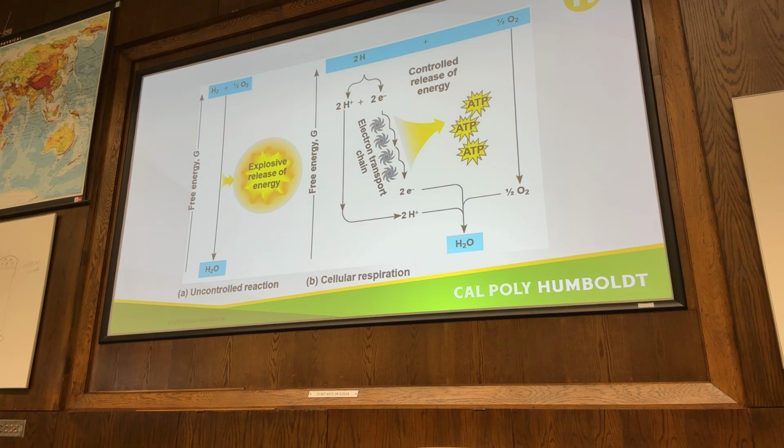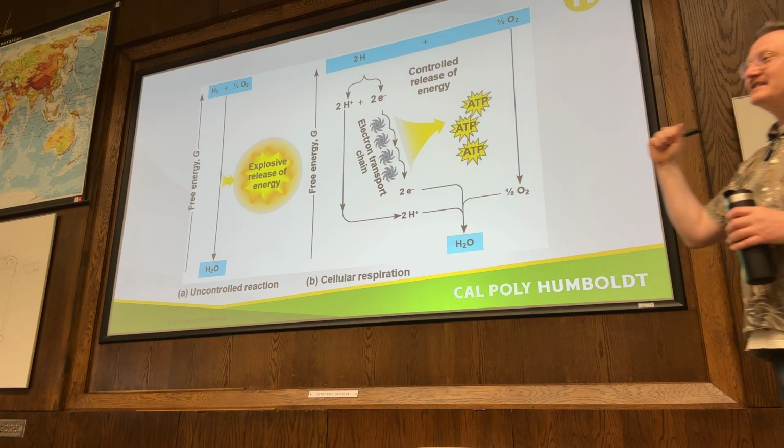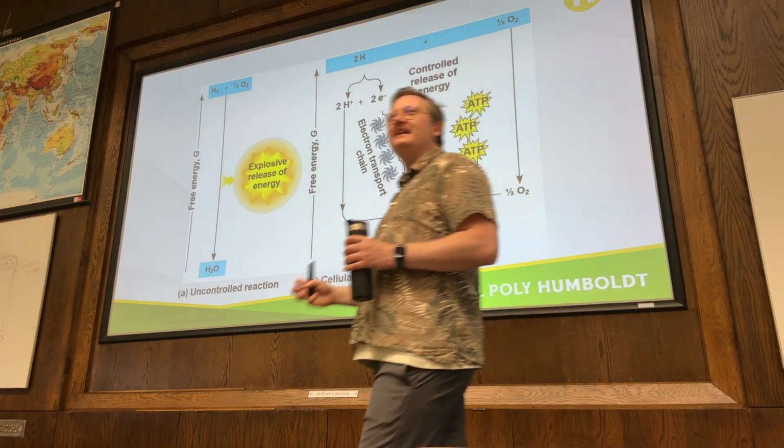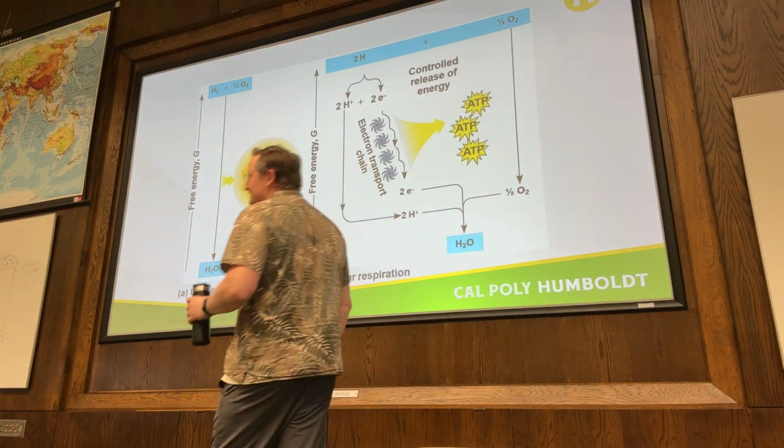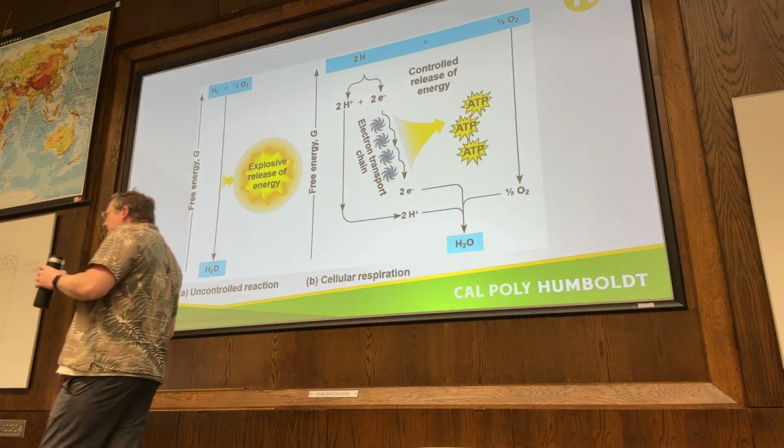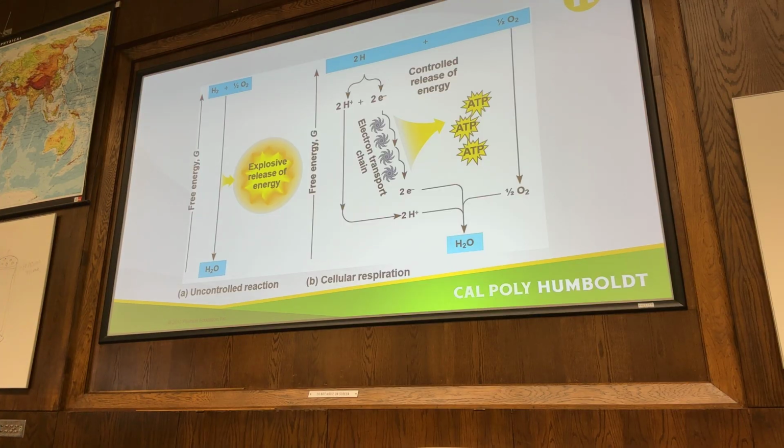All right. So he blows up a bubble because he's trying to make water. He's trying to carry out this reaction, reacting hydrogen gas and oxygen, and just getting those to fall to this super stable state, and boom, explosive release of energy. Okay? Now, essentially what we're going to be doing in cellular respiration is this reaction, but in a very, very controlled way.